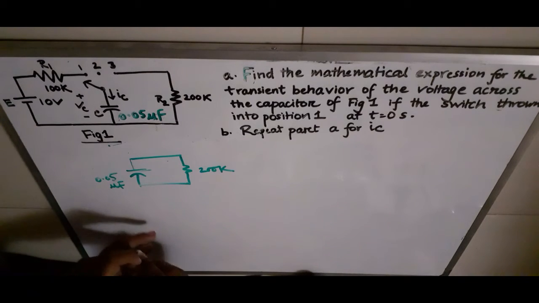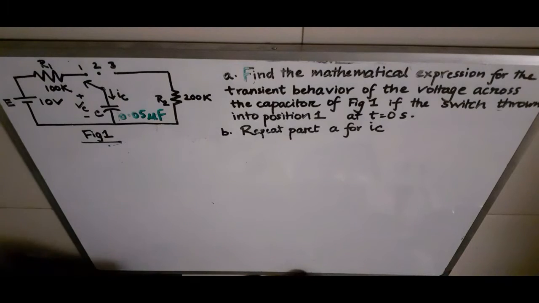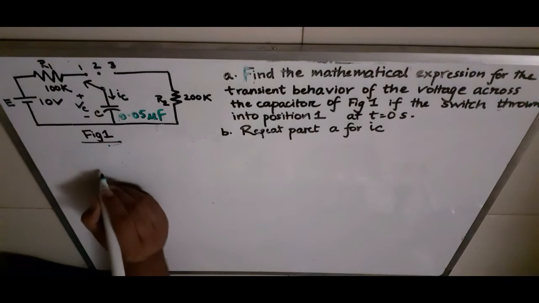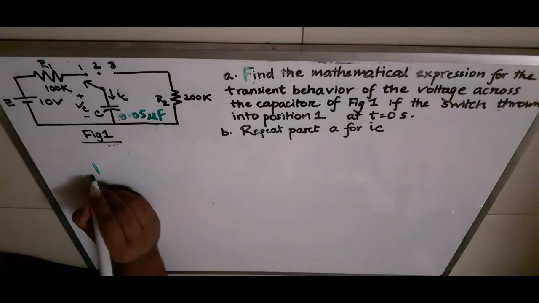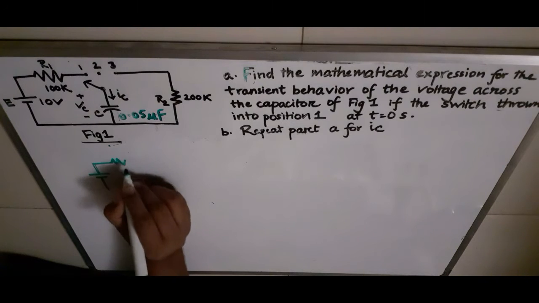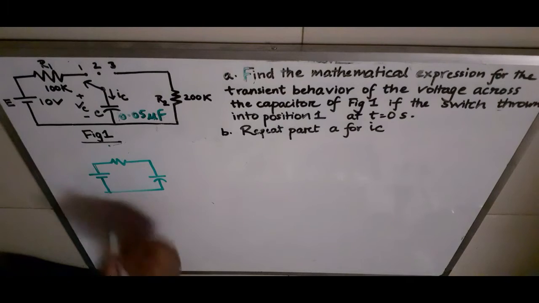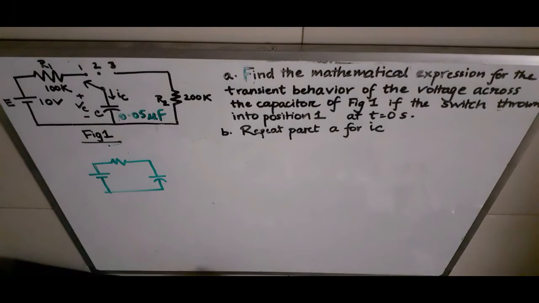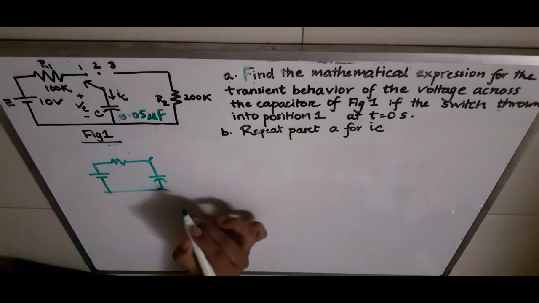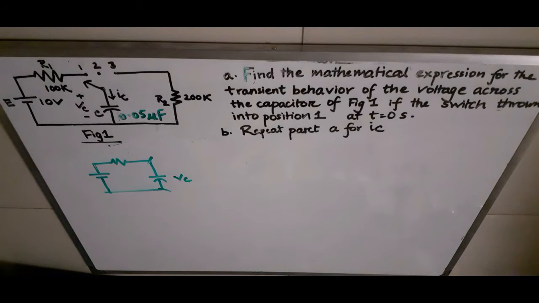And another thing I forgot to mention, the formulas and the graphs. The formula for the charging state, let me write down the figure of the charging state once again, right? So if we want to find out the voltage across this Vc, what will happen?